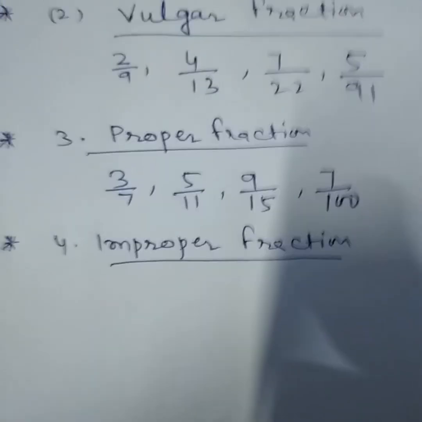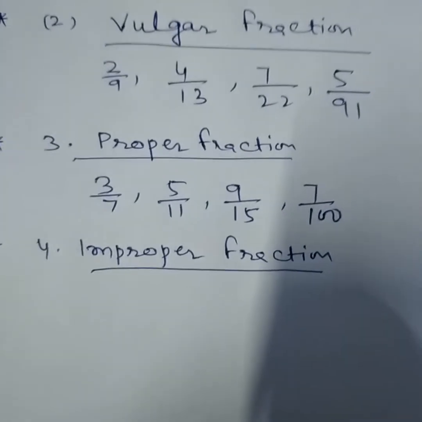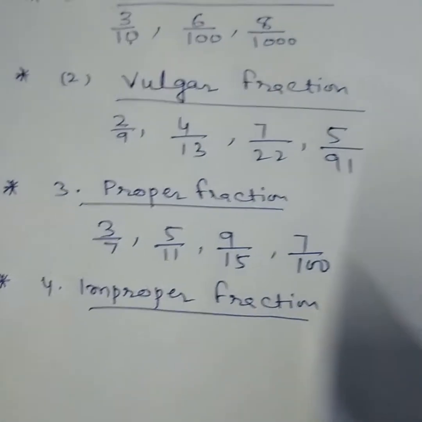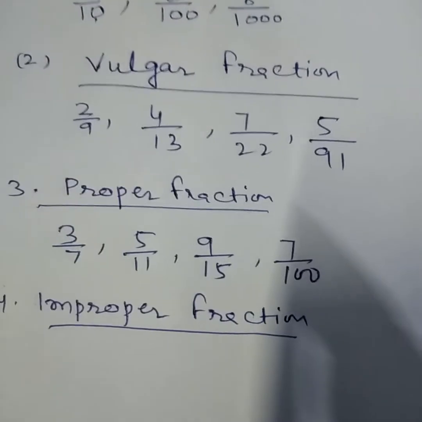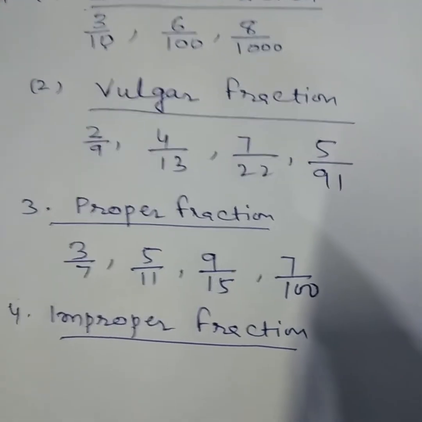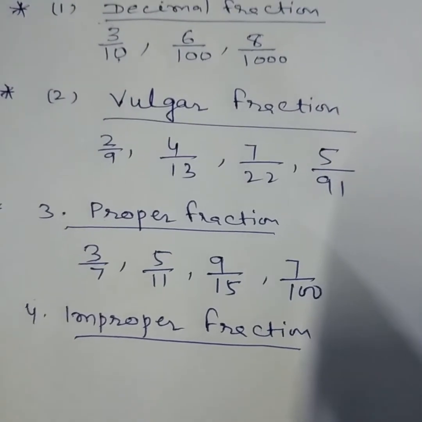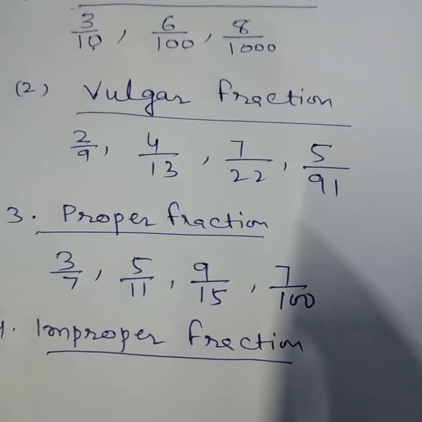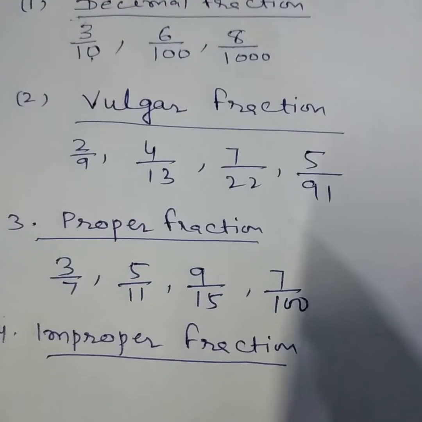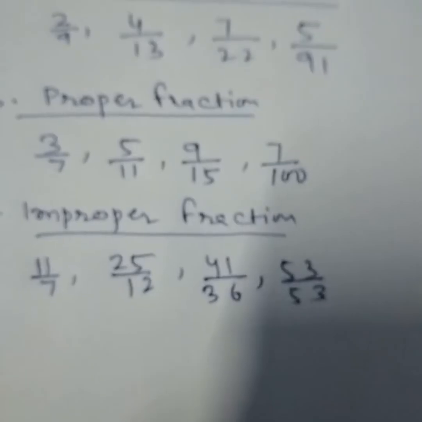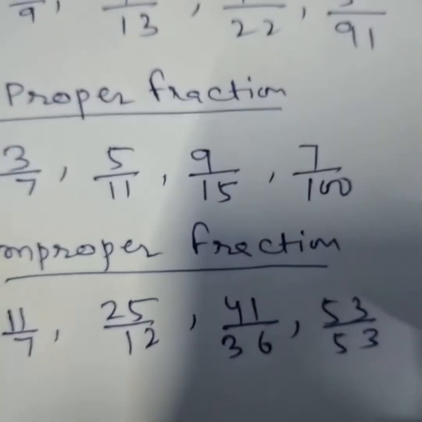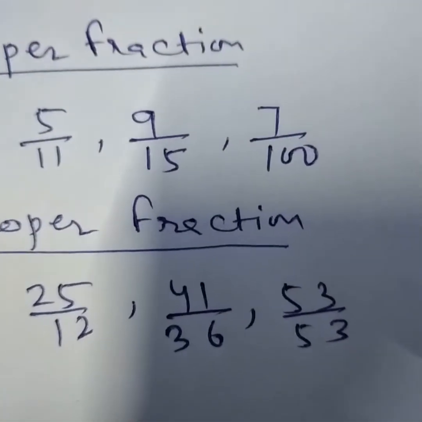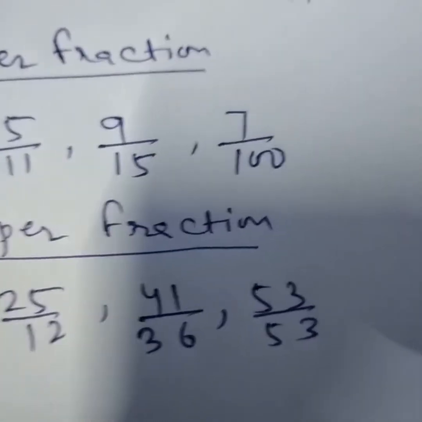The next one is improper fraction. Improper fraction is just the opposite, children. A fraction whose numerator is more than or equal to its denominator is called an improper fraction. Examples: 11 upon 7, 25 upon 12, 41 upon 36, 53 upon 53.